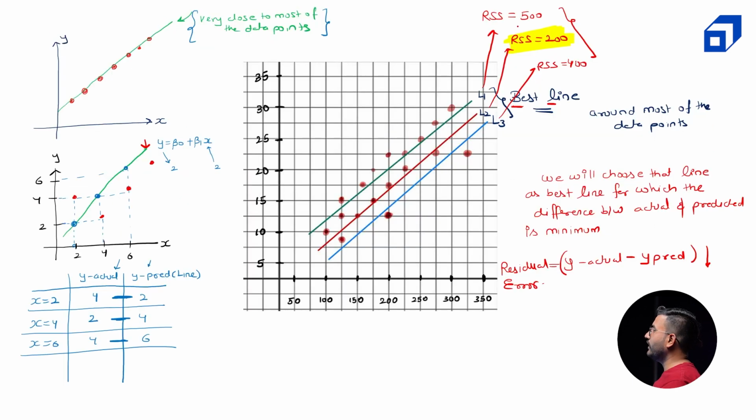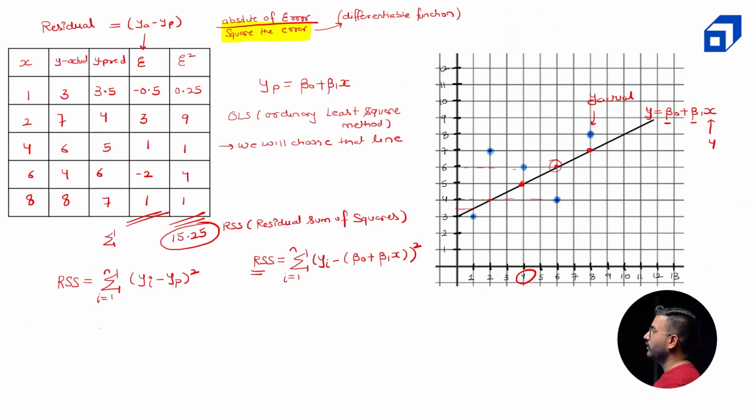Among all these lines, I will choose that particular line for which the RSS is minimum.